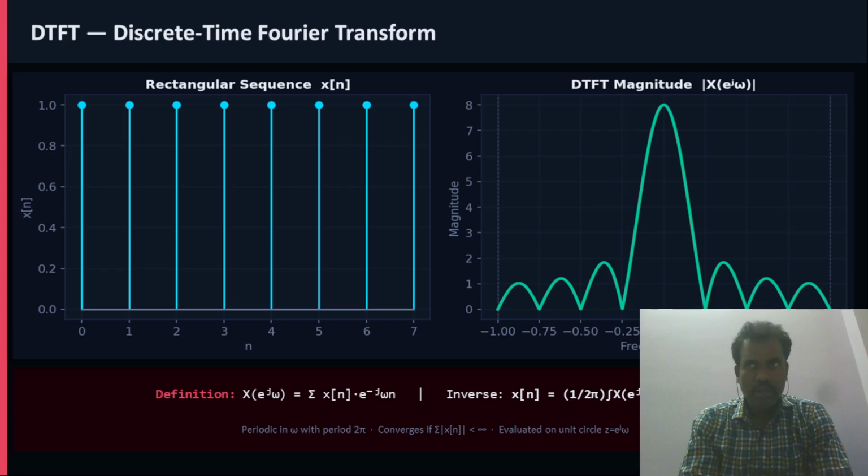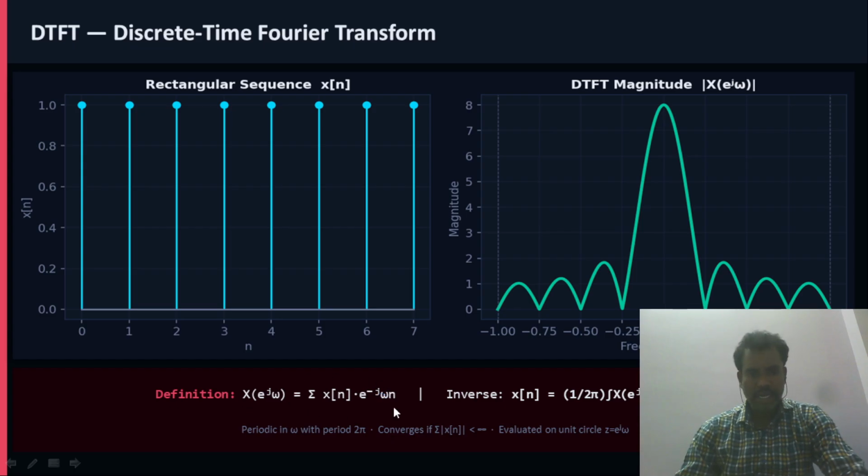omega, which is continuous and aperiodic. But if for a discrete aperiodic signal we find the Fourier transform, it is represented as x of e power j omega, because the formula for x of e power j omega is sigma x of n into e power minus j omega n.